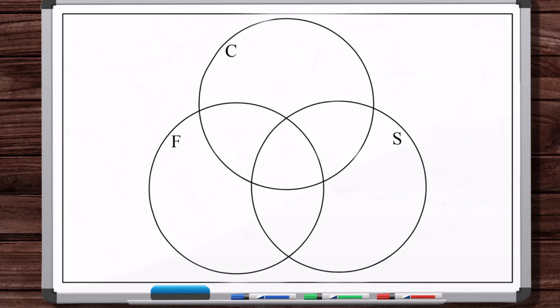Okay, the plan for this video was initially to look at applying the product rule between three overlapping events. However, on second thought, I think going through this case would be a little too complicated at this point in the playlist.